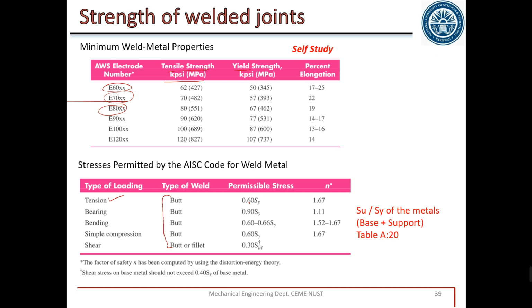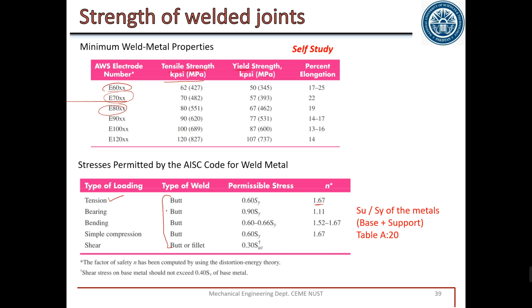It will give you the maximum stress that you can apply. So what is 1.67? Because we are applying a maximum stress of 60%, 1 divided by 0.6 is 1.67. So we are using a factor of safety of 1.67.